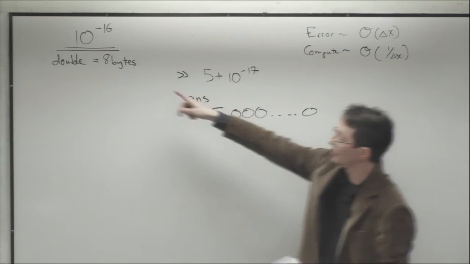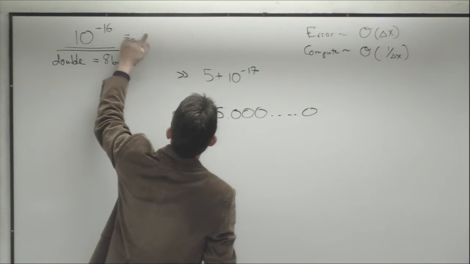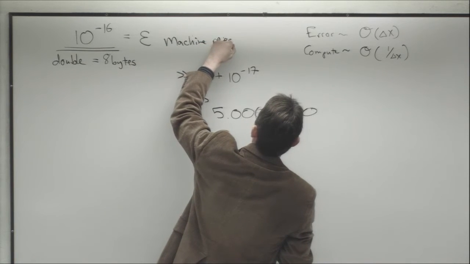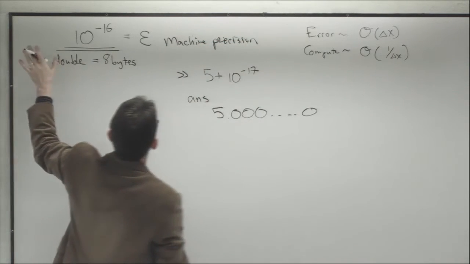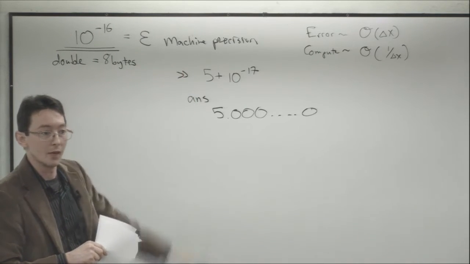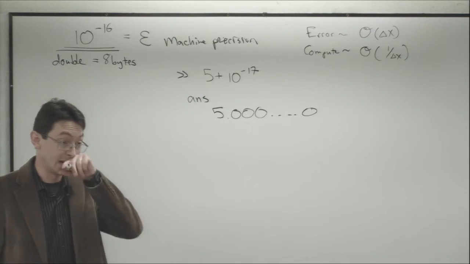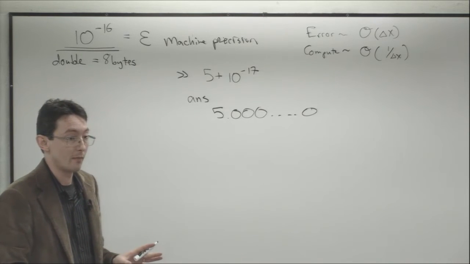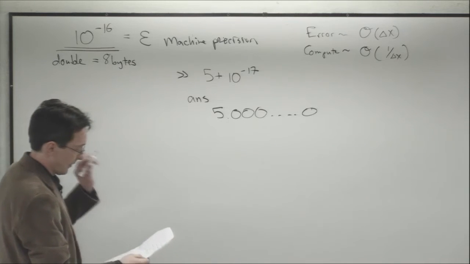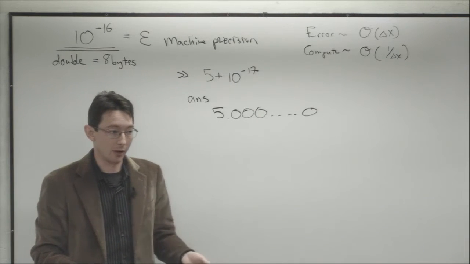This is called machine precision, we sometimes call it epsilon. This is the limit of how close your computer can tell different numbers apart. If you type 1 plus 10 to the minus 17, it doesn't know that that's different from 1. It can't tell any difference. So the idea here is every number that you ever represent in a computer is going to have round-off errors.